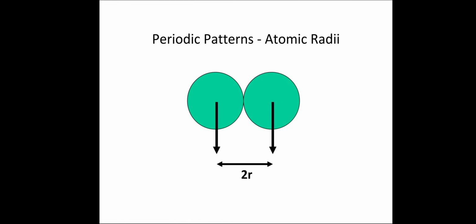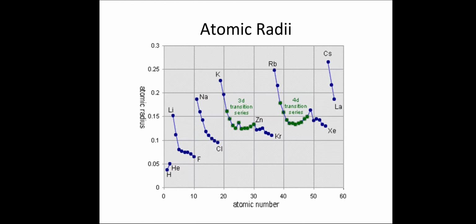The first periodic property is the atomic radius, which is the distance between the nucleus and the valence electron. When we look at the periodic table, the atomic radius increases when we move from top to bottom.